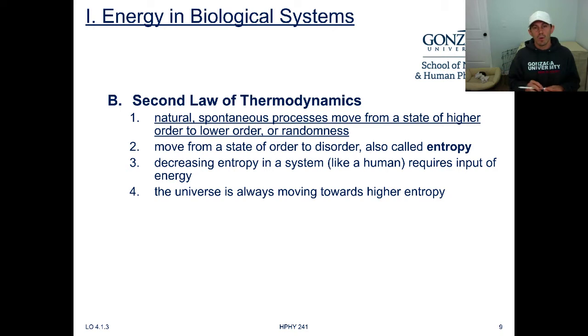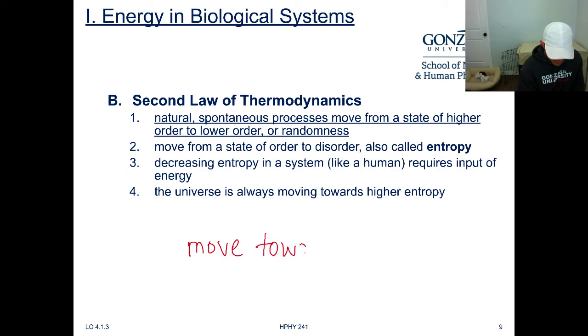Or I'd say order and maybe organization might be a better way to think of it: a state of higher organization to a state of lower order. The second law says that things move towards randomness.